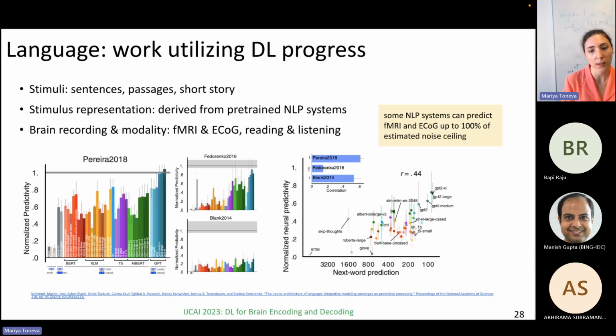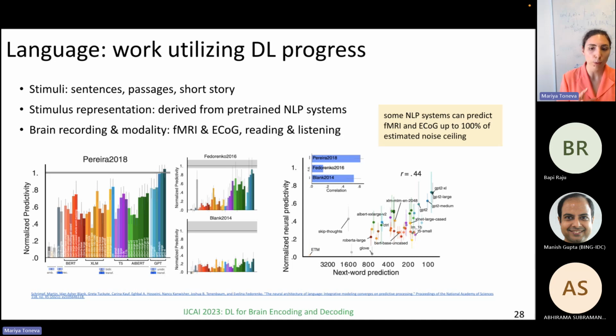What they showed is that some models at the time, this is work from 2021, found that GPT-2, which was one of the newer language models at that point, was able to explain up to 100% of this estimated explainable variance in some specific language regions. This is not all language regions. If you look at it more broadly, these kinds of models can explain something like 60 to 70% of the explainable variance across all language regions.